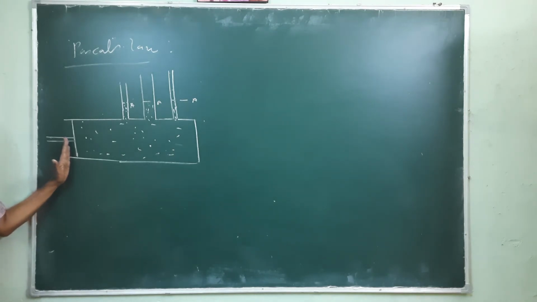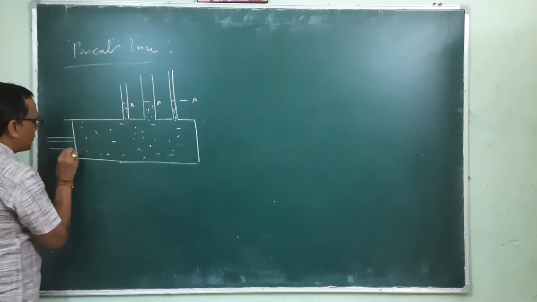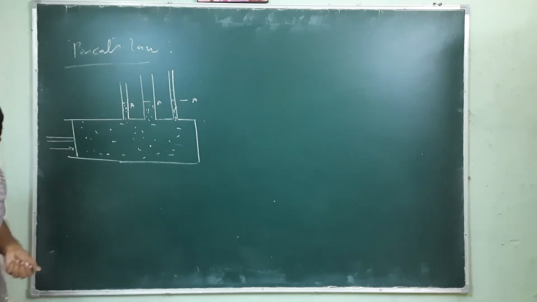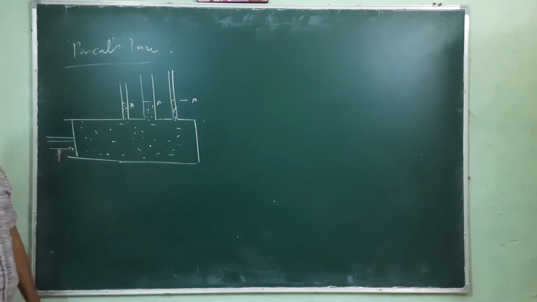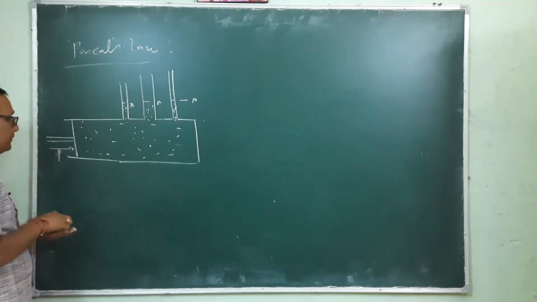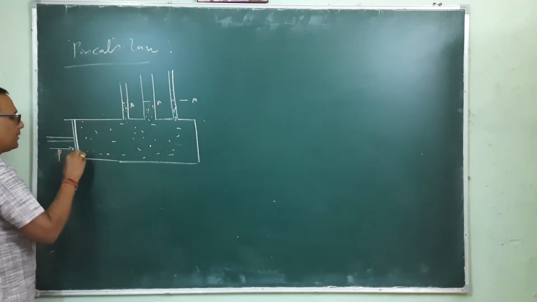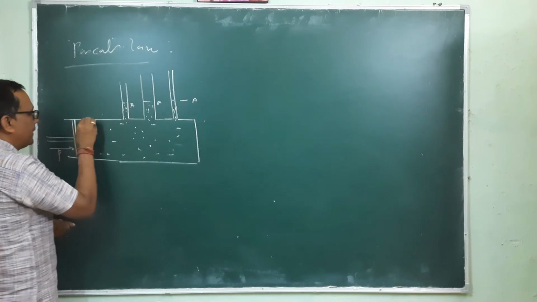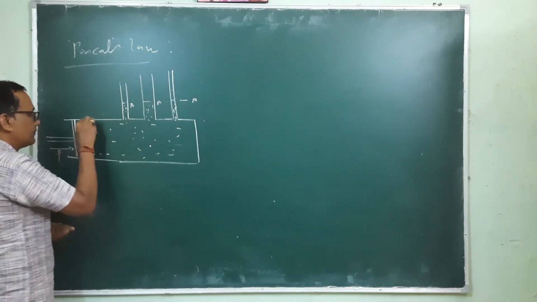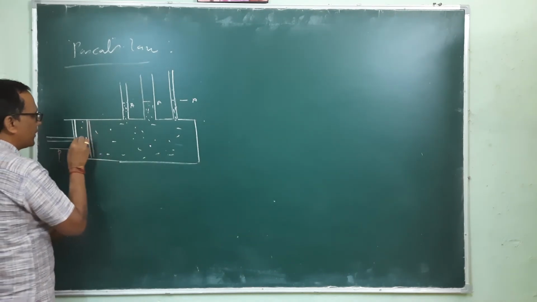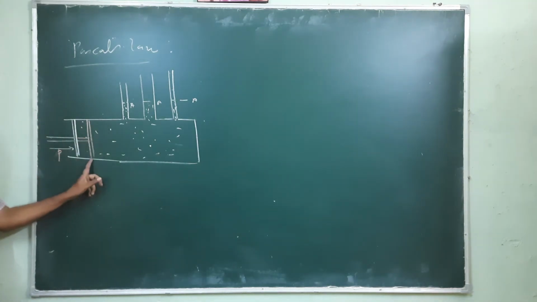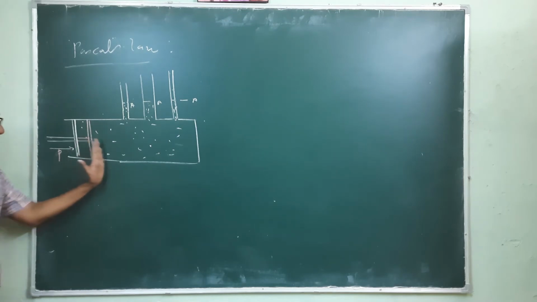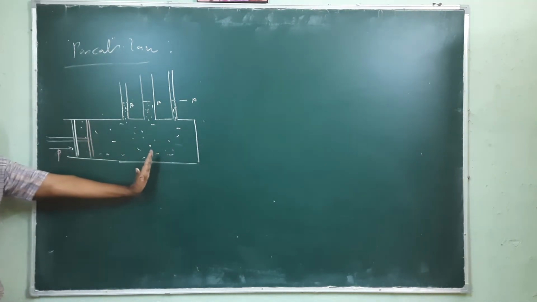That is condition number one. But when we apply a constant pressure P here, on this piston, the new position of this piston is somewhere here. We are applying pressure, and this is the new position of the piston. The liquid is compressing, or shifting towards this side.